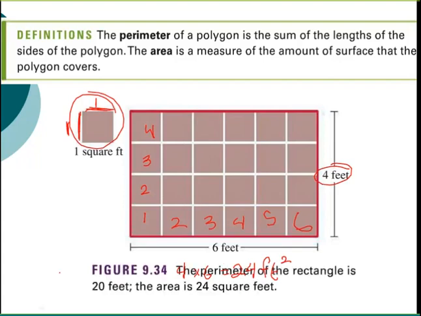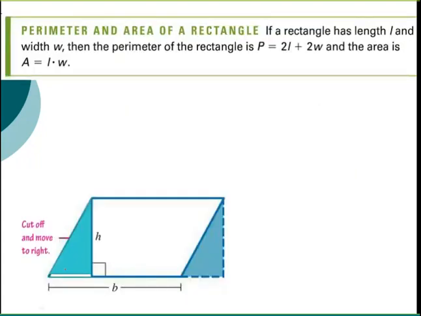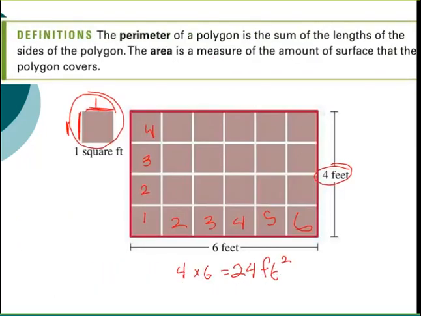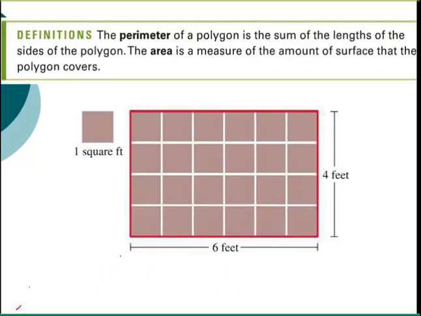All right. So let's take a look at working with other shapes and how they deal with area. So perimeter and area of a rectangle. If a rectangle has length L and a width W, the perimeter of the rectangle is 2 lengths plus 2 widths. And that's actually what I was showing right here, is that here's my length and here's my width.